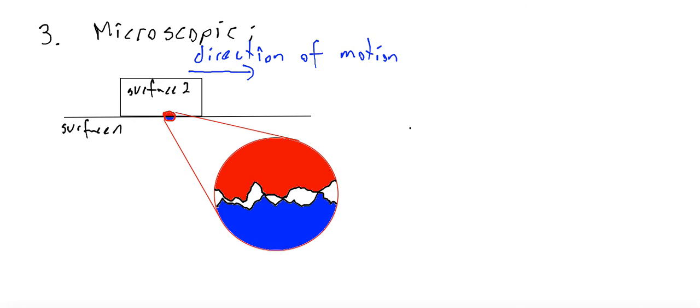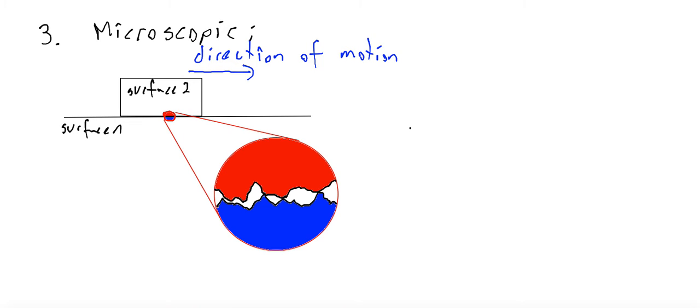Is it clear? So, due to the fact that surfaces are not perfectly flat, it's difficult to move the object. Let's look at this part. It's very, very difficult to move the object because surfaces are not perfectly flat.